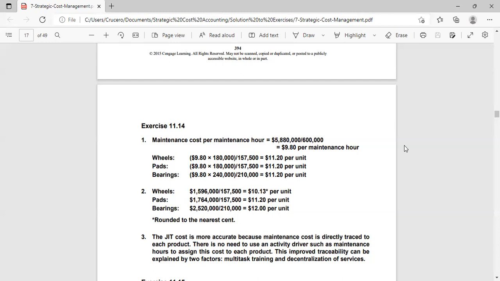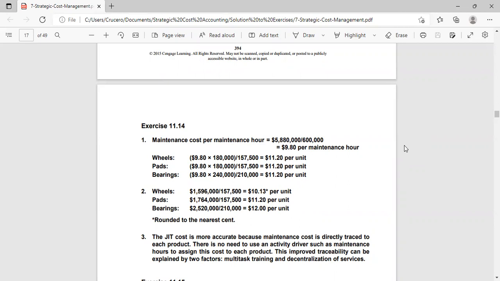Now, for number 2, after the installation of JIT, the wheels now have 1,596,000 for the cell on wheels. We divide it by the number of units, so we get 10.13 per unit. For the pads, it's 11.20, and for the bearings, it's 12 per unit.